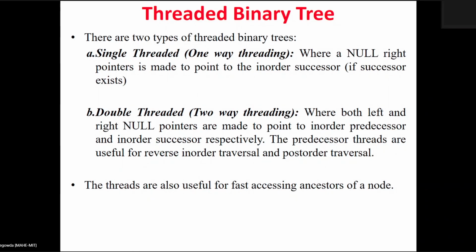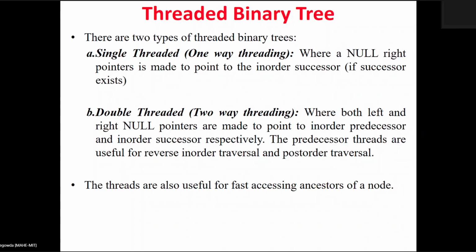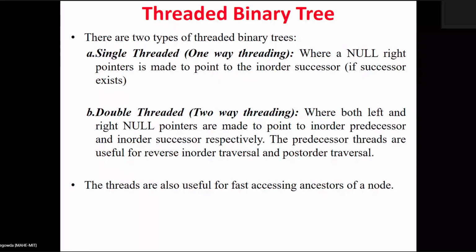There are two types of threaded binary trees. The first one is called a single threaded binary tree, or one-way threading. The second one is called a double threaded binary tree, or two-way threading. In one-way threaded binary trees, a thread will appear either in the right or left link field of a node.